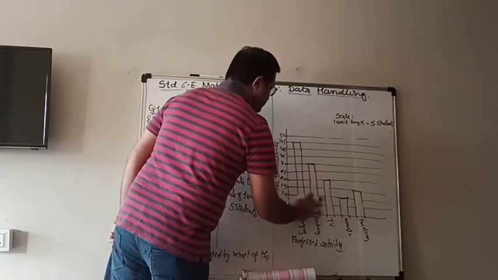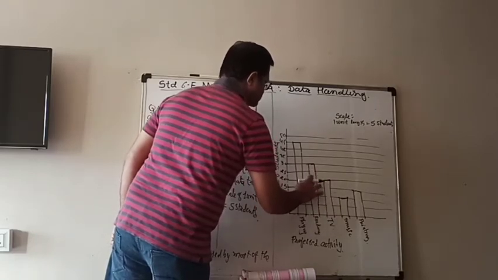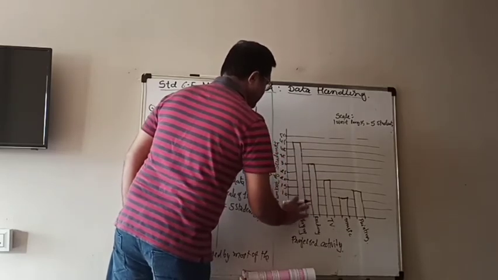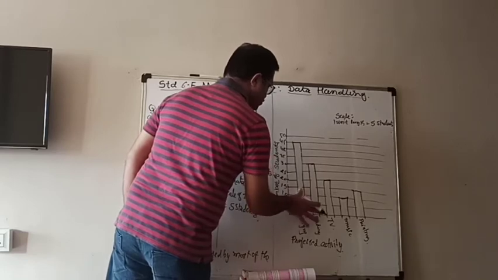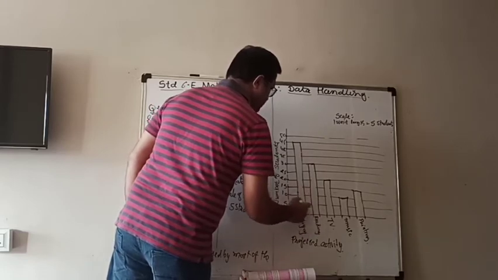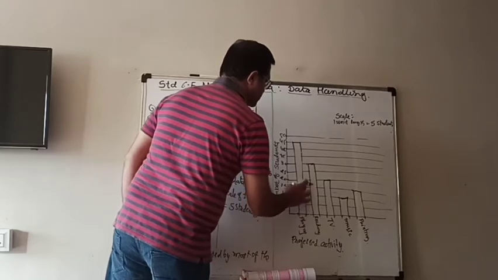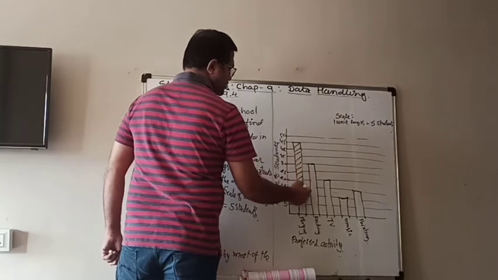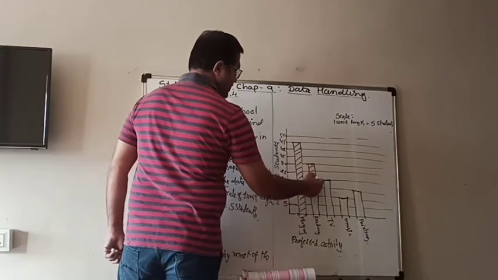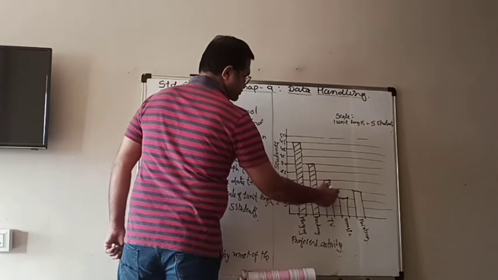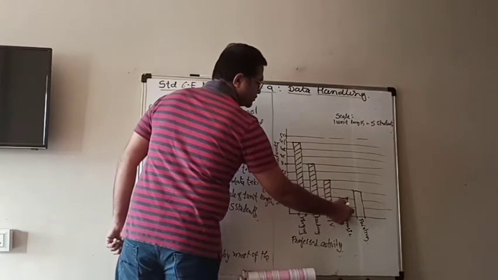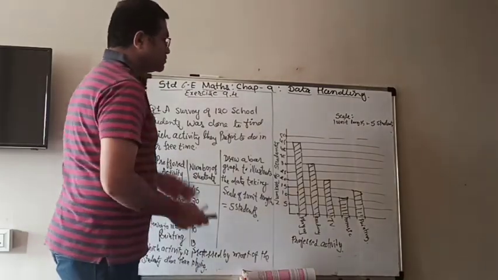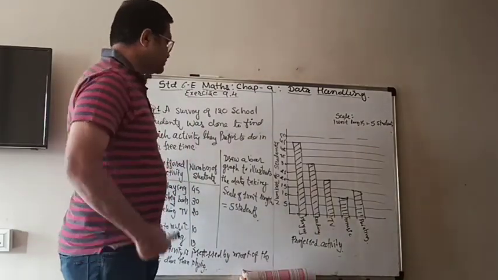In your graph book, it will not be like that. It will be visible, because those lines will not be so dark. So you will be able to see them properly. Or to distinguish it, you can do that also. So it looks like they are the bars. So here is your bar graph ready.